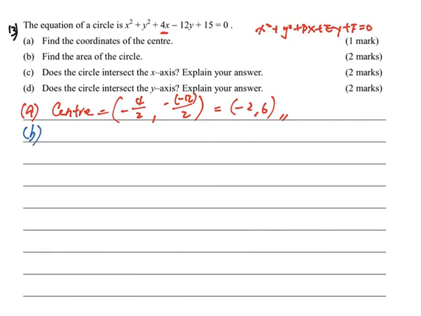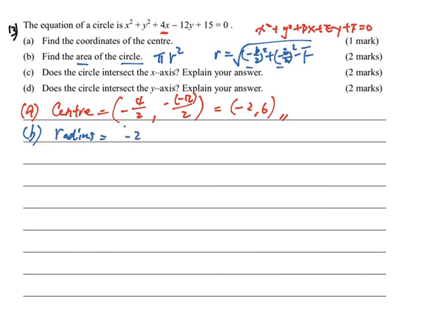For part B, you need to find the area of the circle. For the area of a circle, the formula is pi r squared. That means you need to find the radius. So we can use the formula: radius equals the square root of (-d over 2) squared plus (-e over 2) squared minus f. The 2 here is the center coordinates. So for the radius, -2 squared plus 6 squared minus f, which is 15.